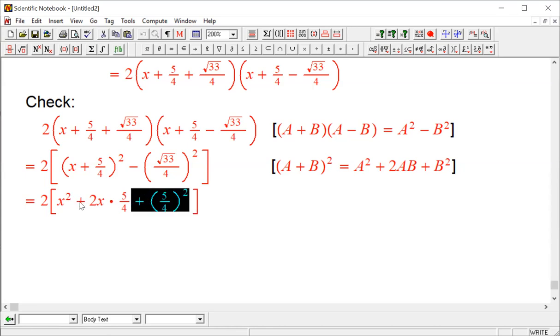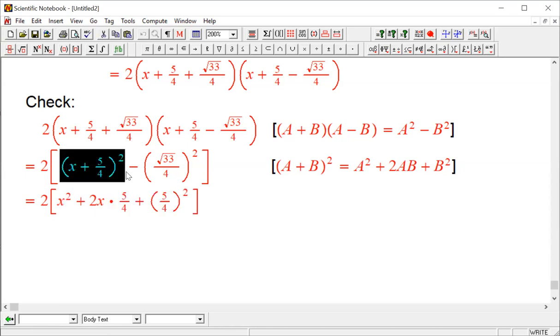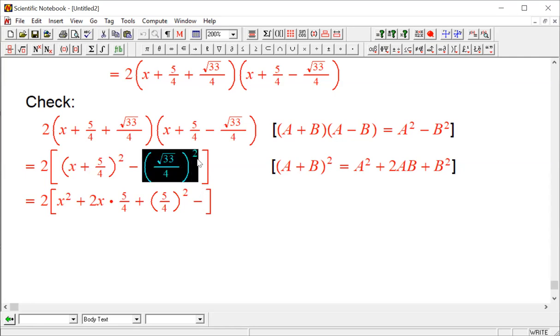That's the entirety of this part. Minus, when we square the root term, we get 33 in the numerator and a denominator of 16.